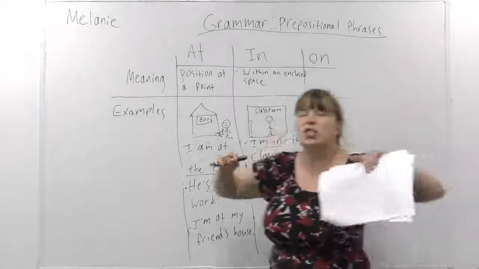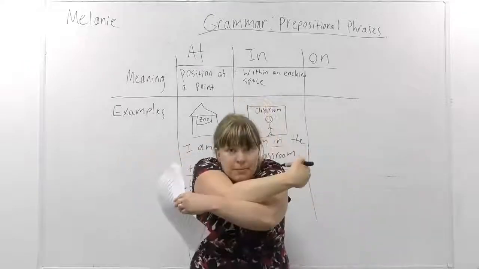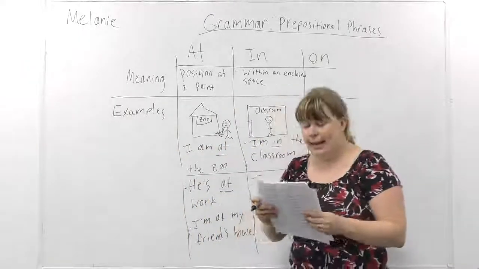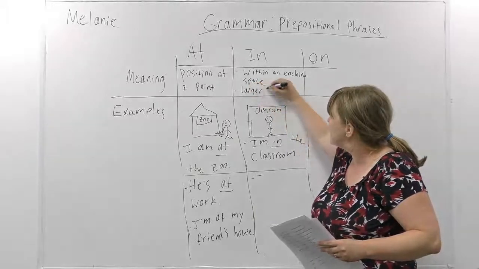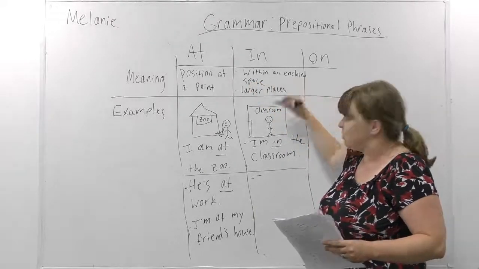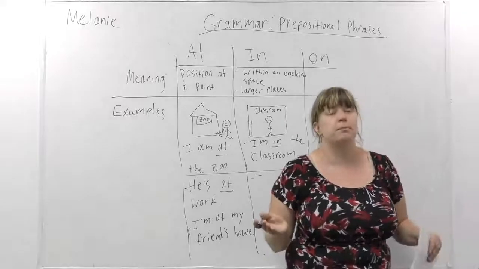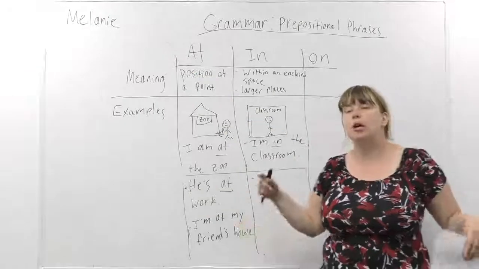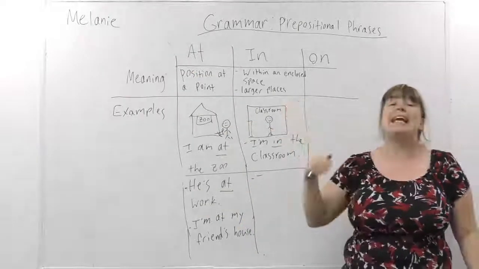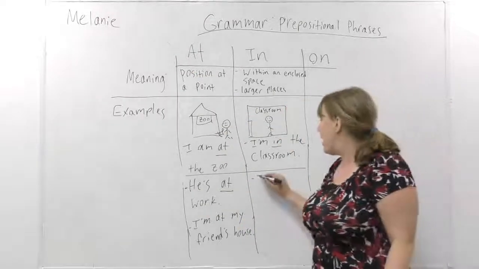So just think of like you're in something. And also it's used with larger places. So for example, what is a large place? Canada. Canada is huge. So when we talk about countries, we always say in countries.